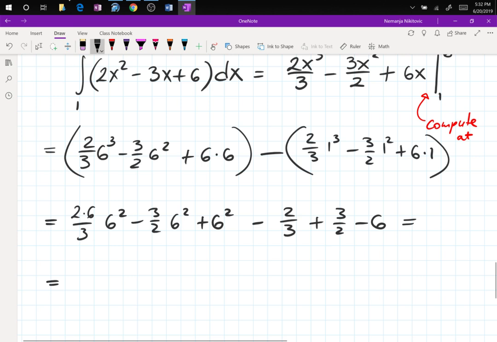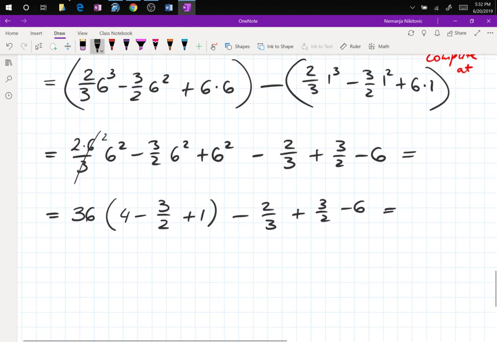I can factor out 6 squared, which is 36, and in parentheses, when I cancel this, I have 4 minus 3/2 plus 1. And I'll deal with everything at once.